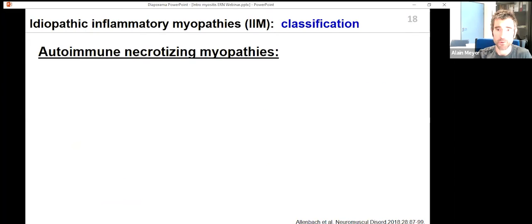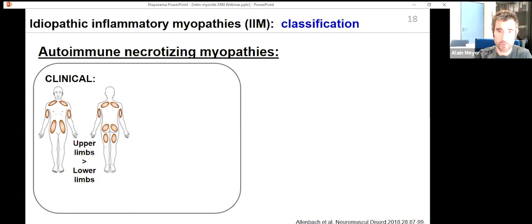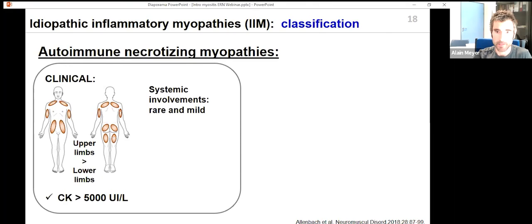The second portrait is that of autoimmune necrotizing myopathies. In this subgroup, the myopathy prevails in the proximal muscles of the lower limbs. The CK level is high, typically higher than 5,000 units per liter. Systemic involvement is rare and mild.